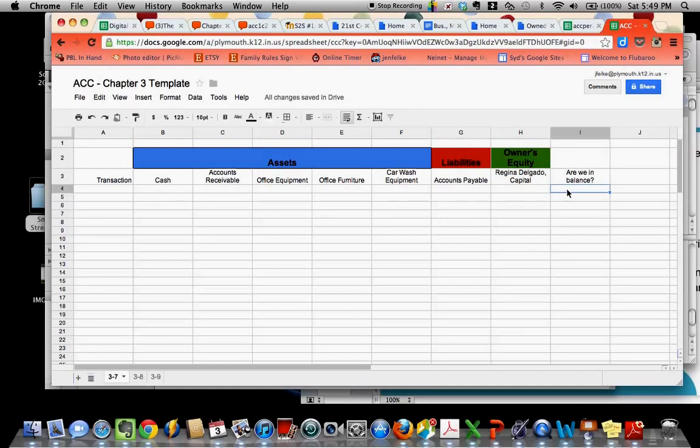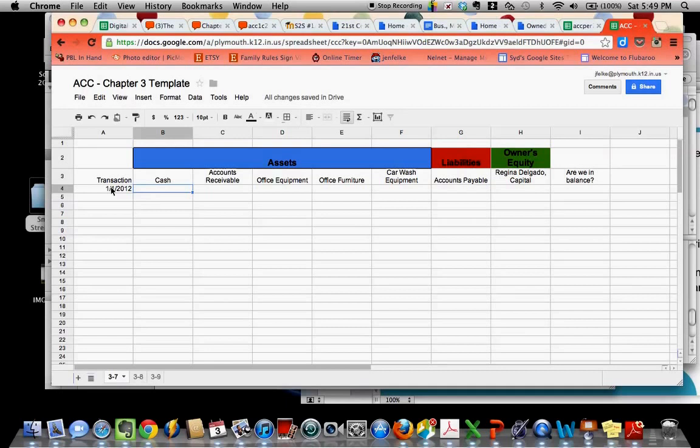And so why don't we go ahead and under transaction, I'm just going to go by the date. So the first date is January 1. You can put your date in there however you want. I guess it's going to mark it January 1st, 2012, which is this year, but that's fine.